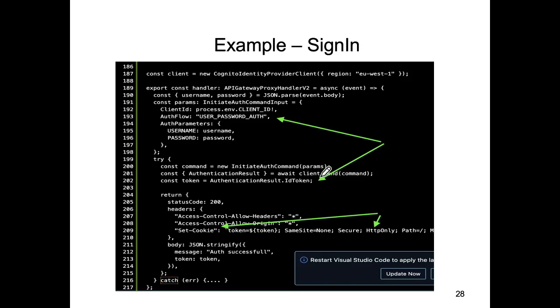Now, what we get back from Cognito in this case is an object, but within that object there's a particular key, which is this one here, and it will contain a reference to a JWT token that Cognito has created dynamically for me.